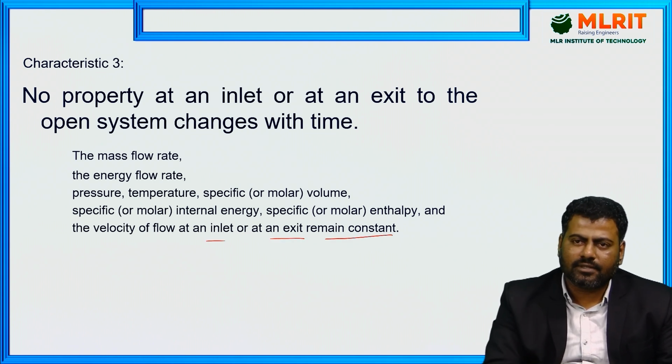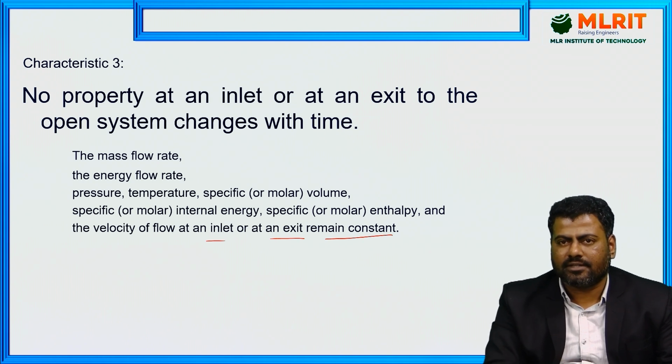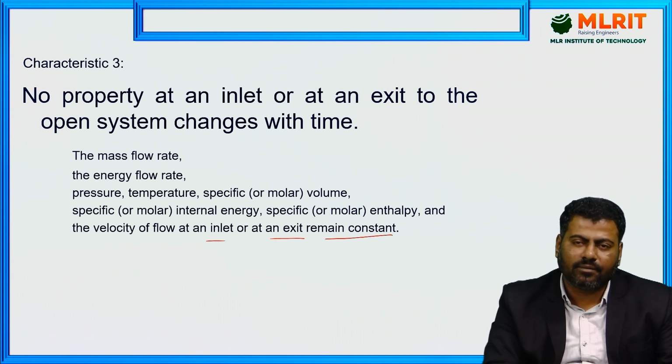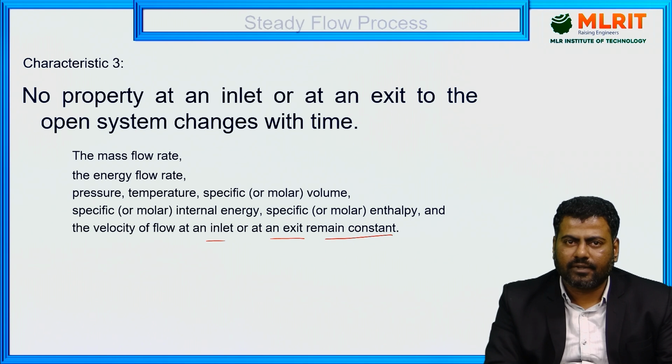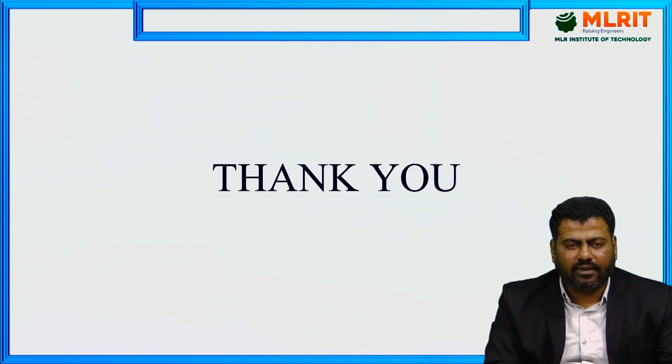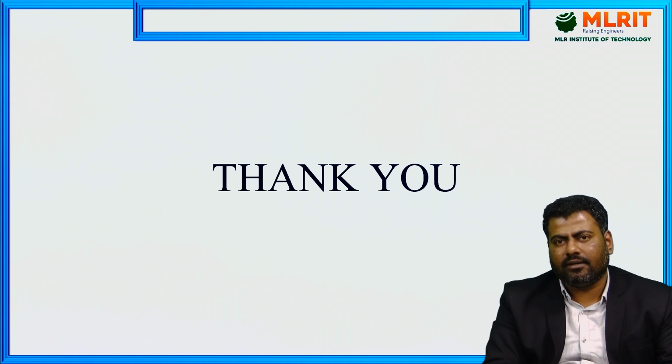Before starting the process and after completion of the process, these parameters remain constant. Then only we can say that these are steady conditions. These are the various characteristics we have discussed, and this is about the basics of the steady flow process, which we have applied to the open system.